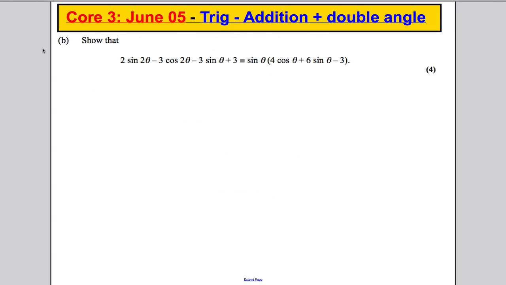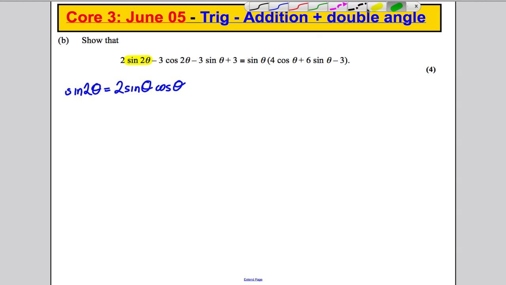Okay, part B, show that the following is identical to the following. Here's an identity. A couple of things. Firstly, you should know a formula for sine 2 theta. Sine 2 theta is 2 sine theta cos theta.